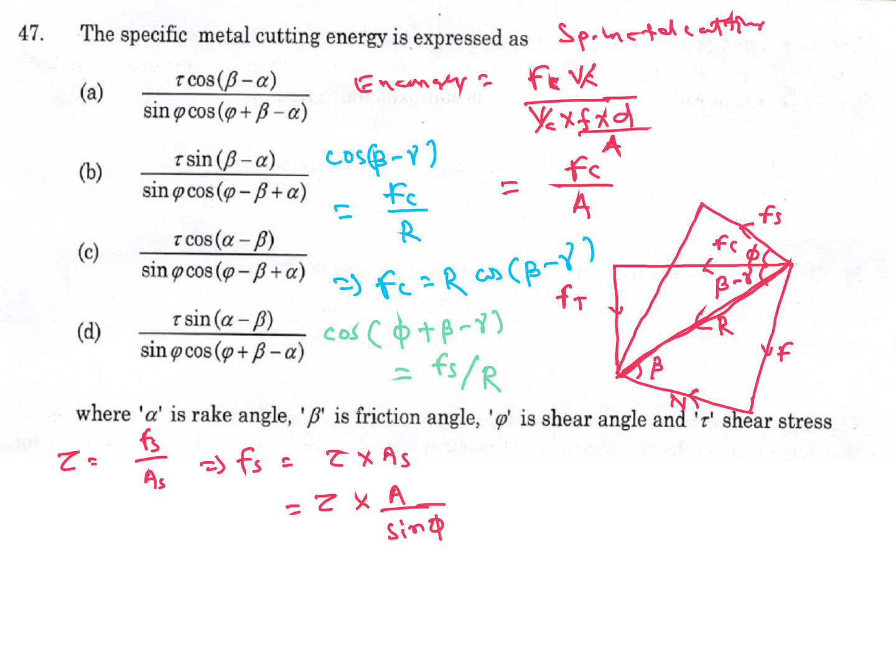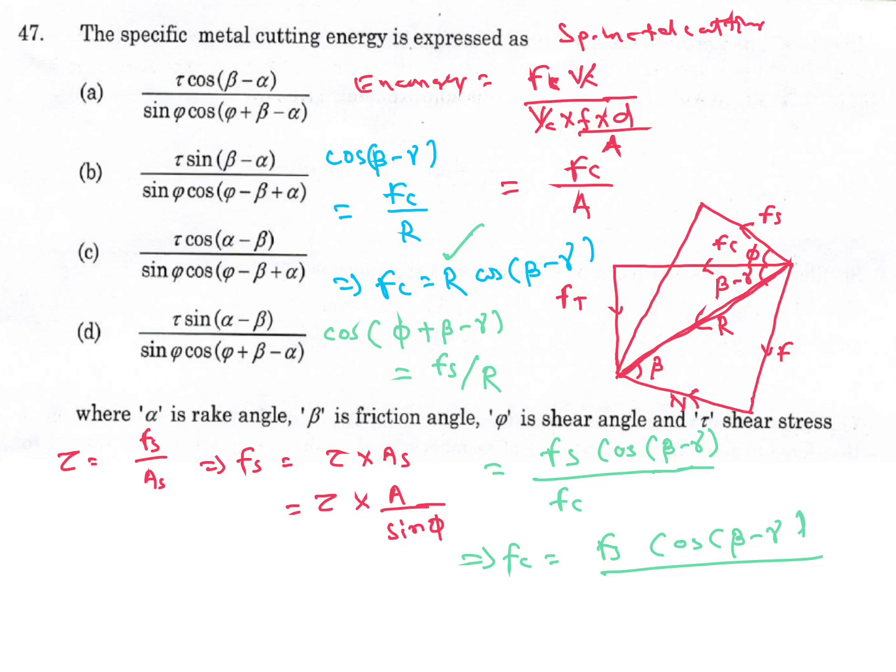So here R value, Fs and R is equal to Fc divided by cos beta minus gamma, or Fc you can write Fc equal to Fs cos beta minus gamma divided by cos phi plus beta minus gamma.